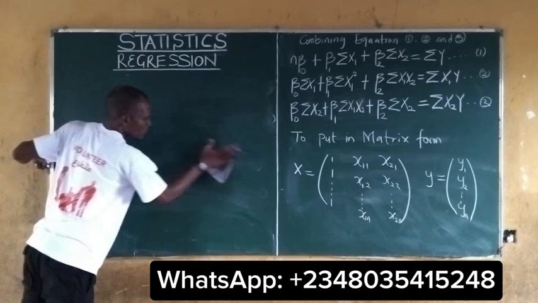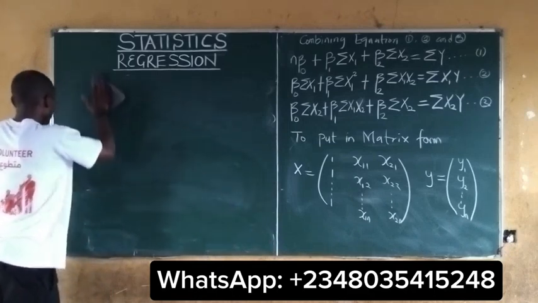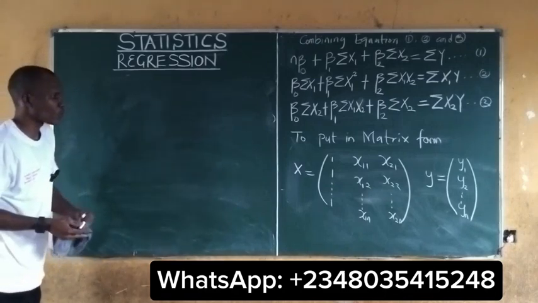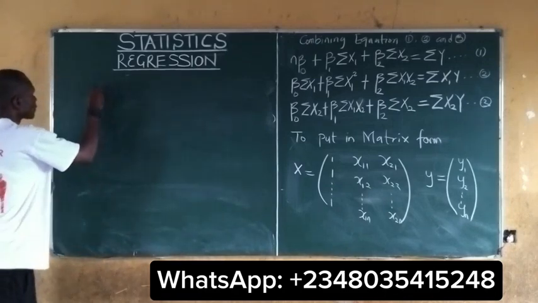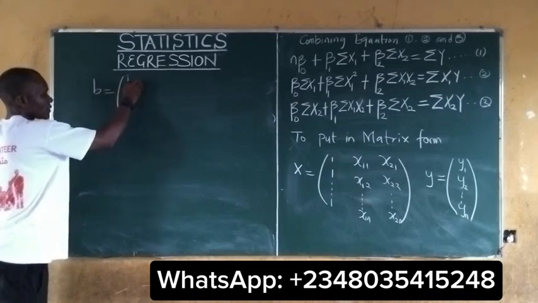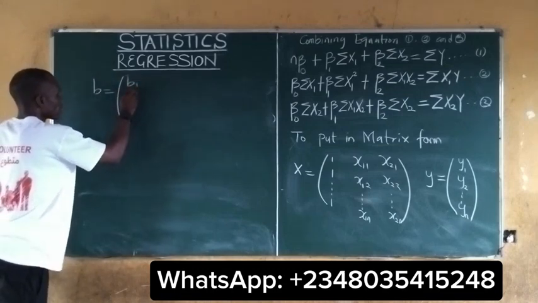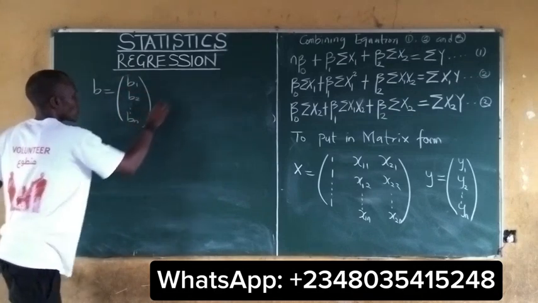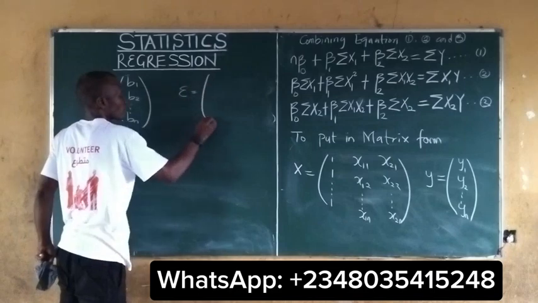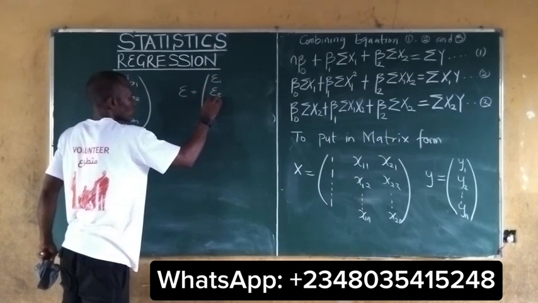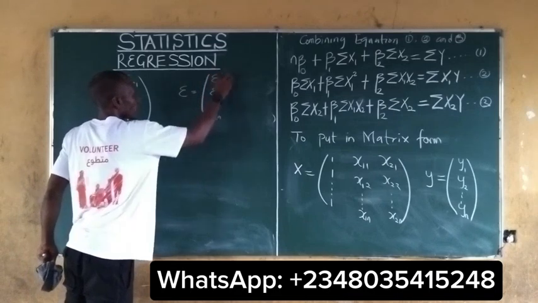You need to subscribe to this channel, and an example will convince you the more. So our b values we get just like this: b1, b2 to bn. Also our error term, we get e1, e2 to en.